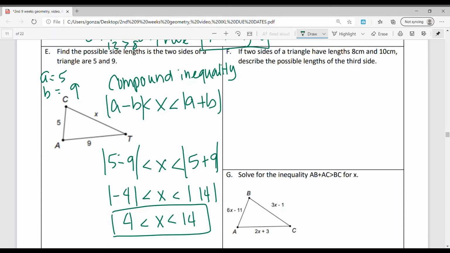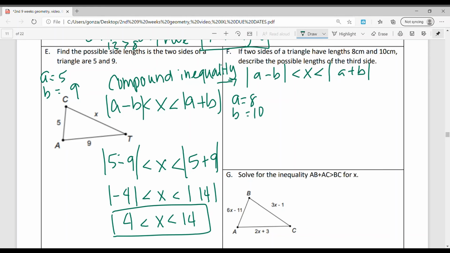Okay, so example F, if 2 sides of the triangle have length 8 and 10, describe the possible lengths of the third side. So we're going to use the same compound inequality over here. So we're going to say absolute value of A minus B is less than X, less than the absolute value of A plus B. And I know that A equals 8. It doesn't matter what A and B are. B equals 10.